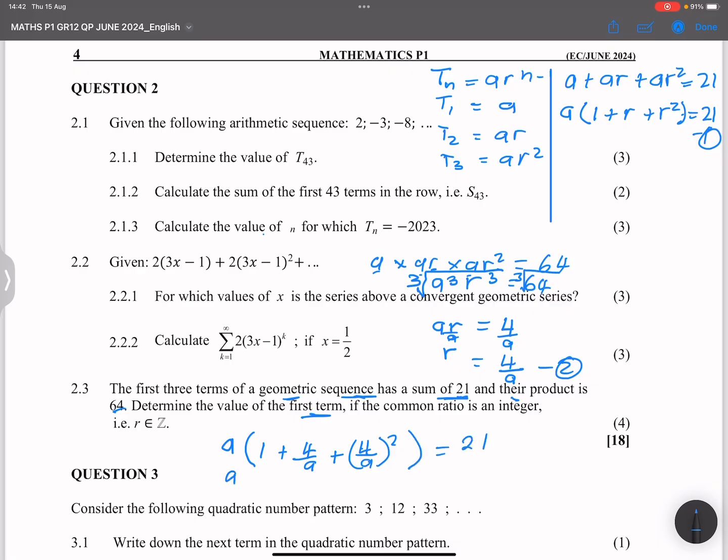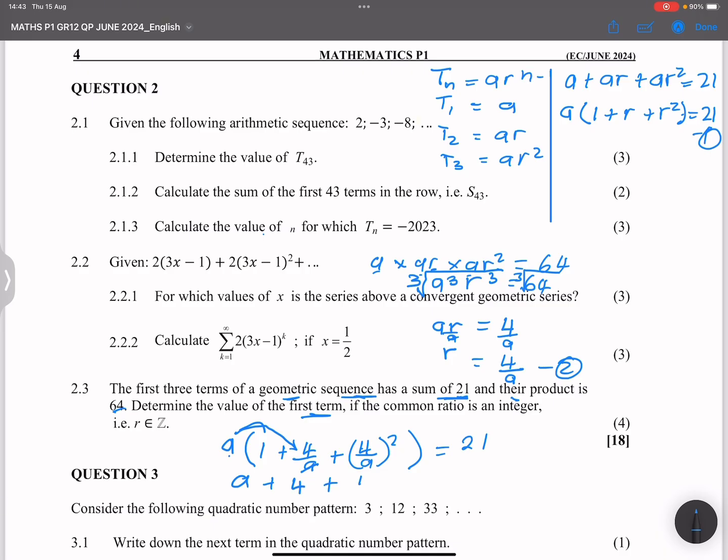In fact, we shouldn't have taken out the common factor there yet. So if we multiply the a back, a times 1 will give us a. Let me write this properly. So that will be a, then a times 4 over a. Remember, the a will cancel out with that a at the denominator, so I'm left with 4.